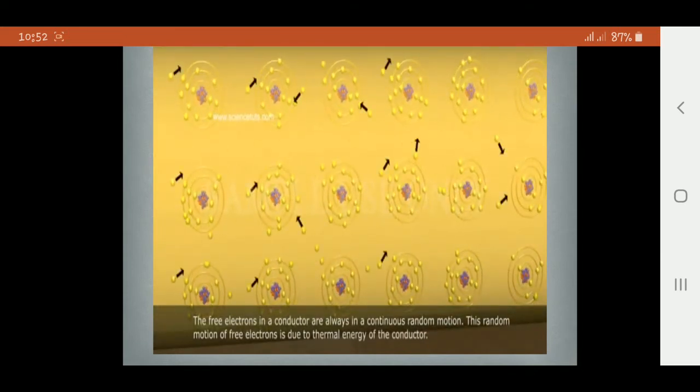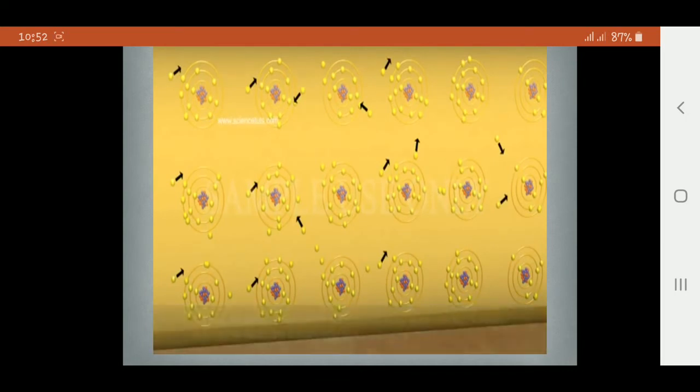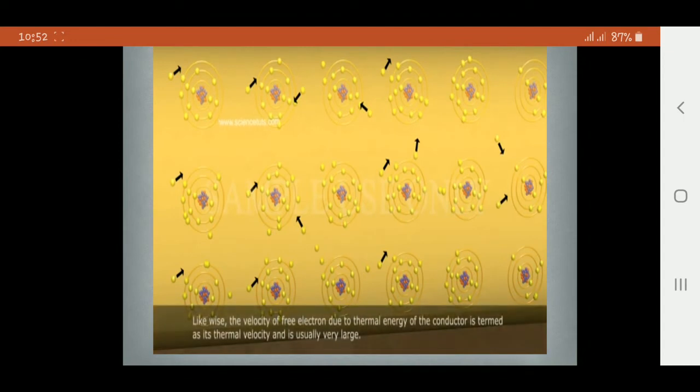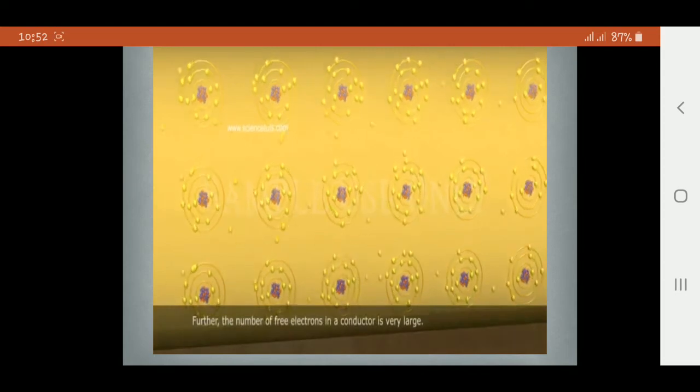This random motion of the free electrons is due to thermal energy of the conductor. The velocity of free electrons due to thermal energy of the conductor is termed as its thermal velocity, and it is usually represented by v.